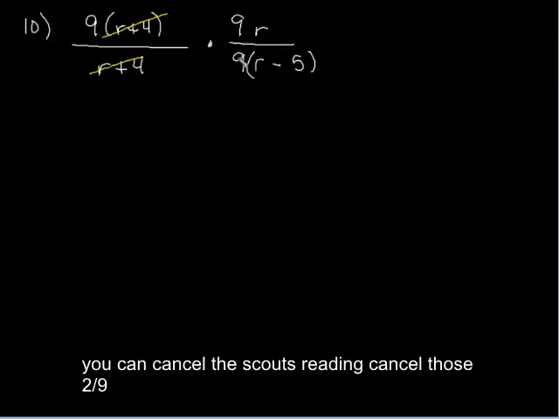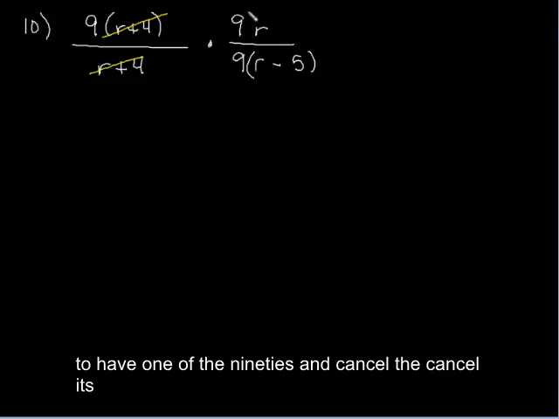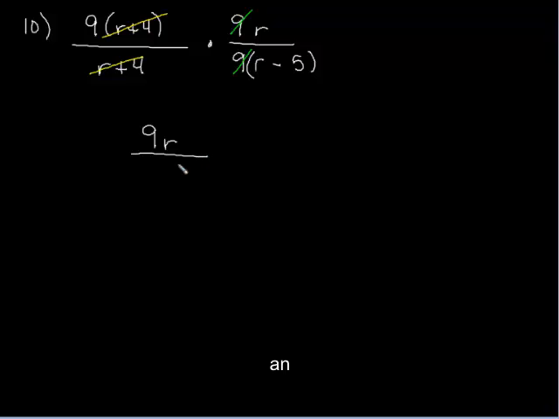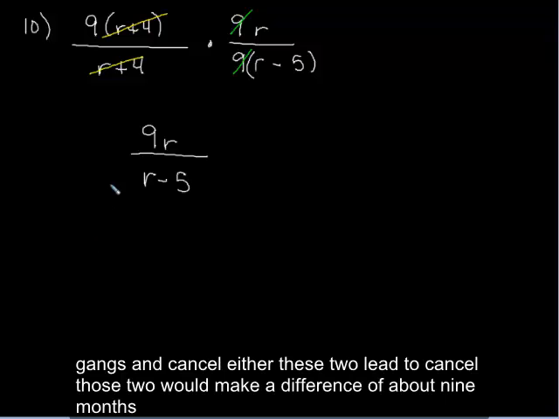You can either cancel these 2 9s, or you can cancel those 2 9s. So you have one set of 9s you can cancel. In the numerator, I've got a 9 and an r left, over r minus 5. Yeah, you can cancel either these 2 or you could cancel those 2. It wouldn't make a difference. You'd still end up with one 9 left.